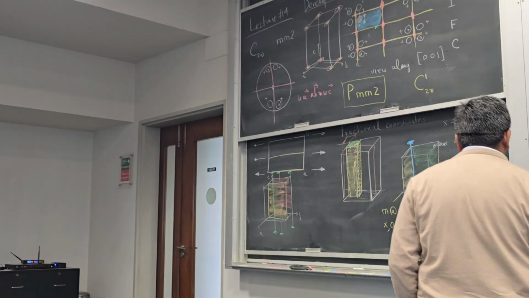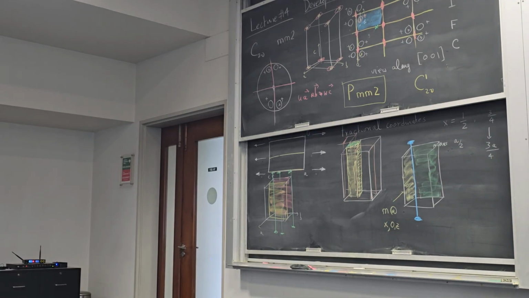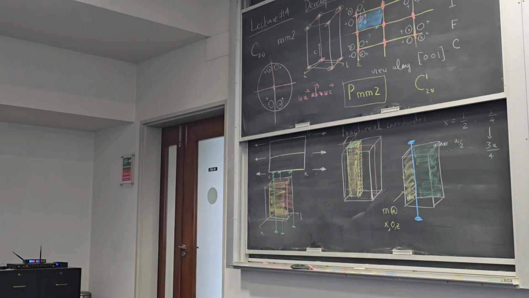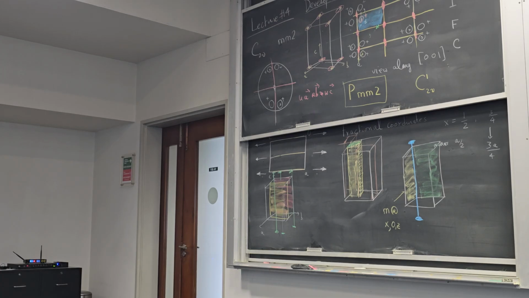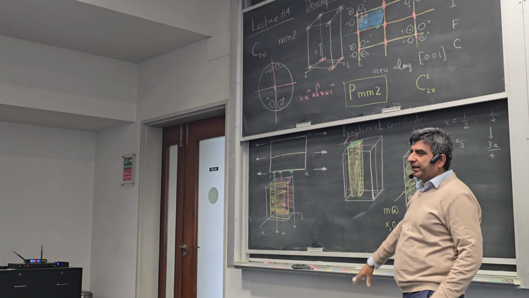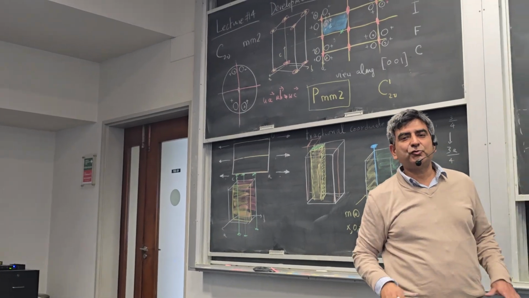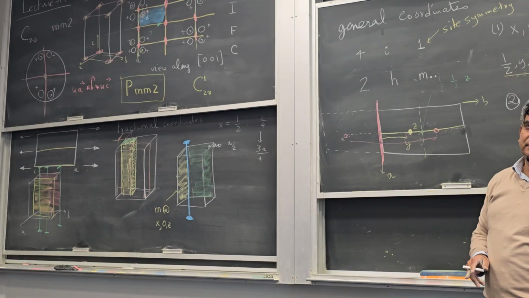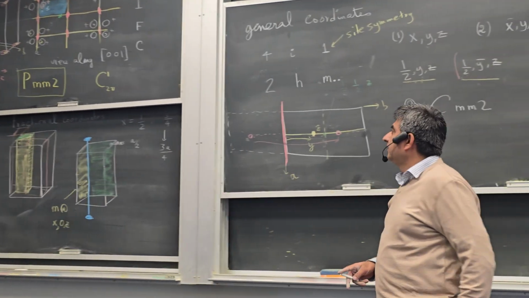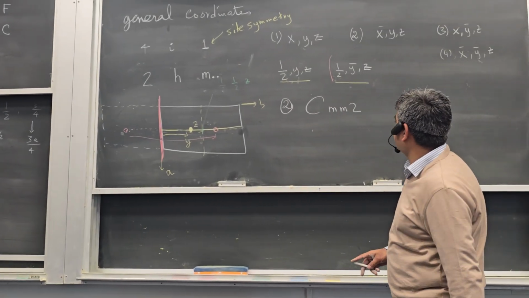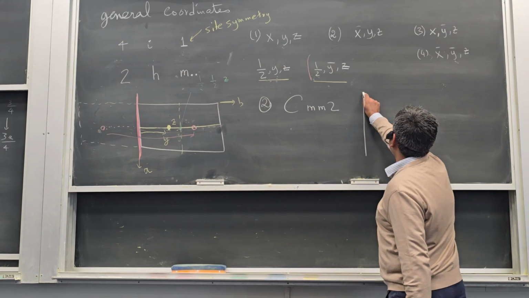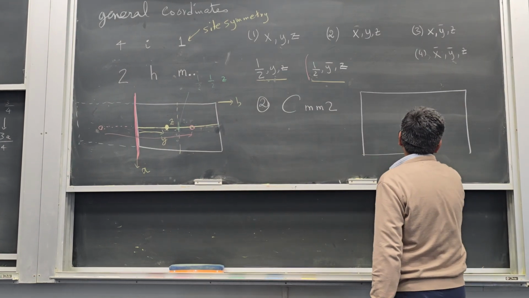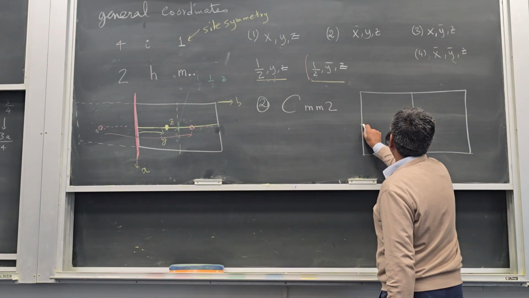Now the CMM2 group, example number 2. The same point group, MM2 group, is now juxtaposed onto a C-centered orthorhombic lattice. So instead of a primitive orthorhombic lattice, I now have a C-centered orthorhombic lattice, which is centered on its base.